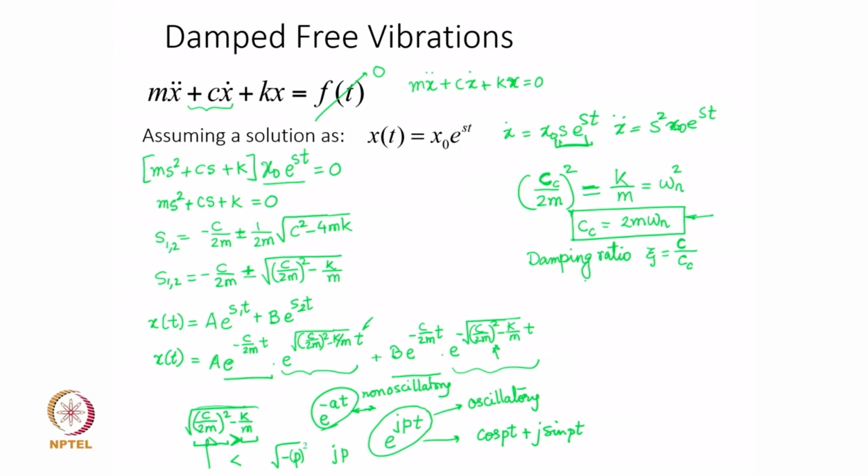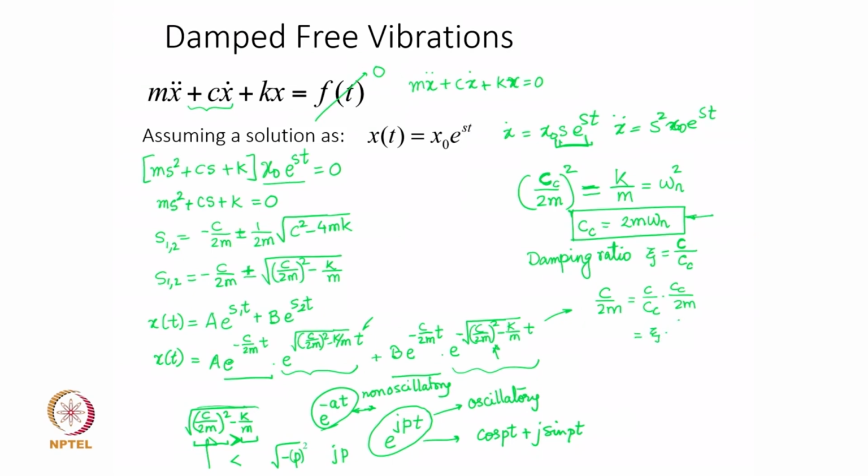Now if we go back to this particular expression, C over 2m is the term that is appearing in both cases. I want to get rid of the C. So, C over Cc and Cc over 2m, and I will replace C over Cc by the damping ratio or damping factor.